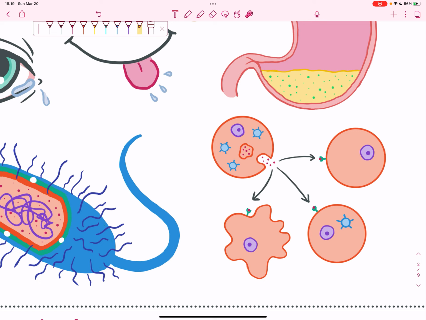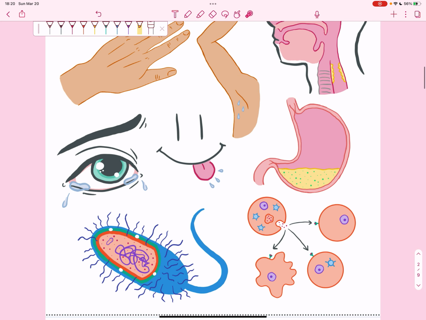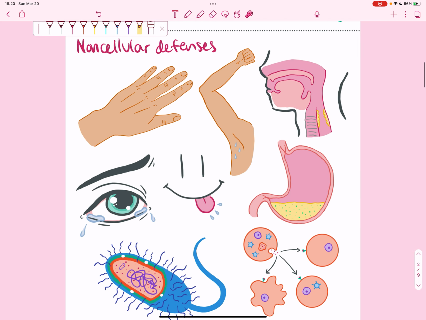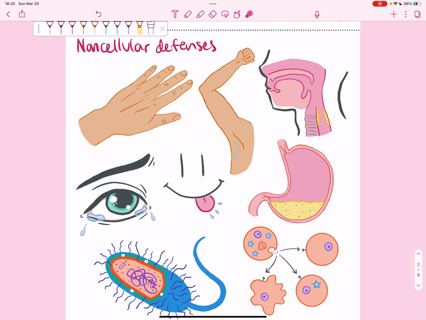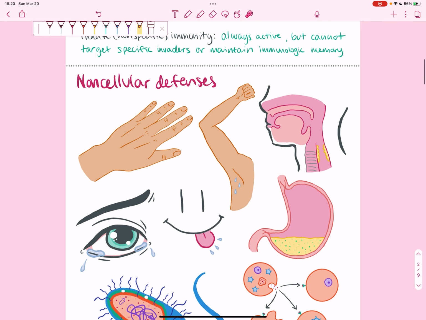They go and attach to these little receptors on cell membranes of these cells, basically warning them that there's an infected cell nearby. Be on alert, there's a little virus here. So, yep, those are the basic non-cellular defenses of your innate immune system.